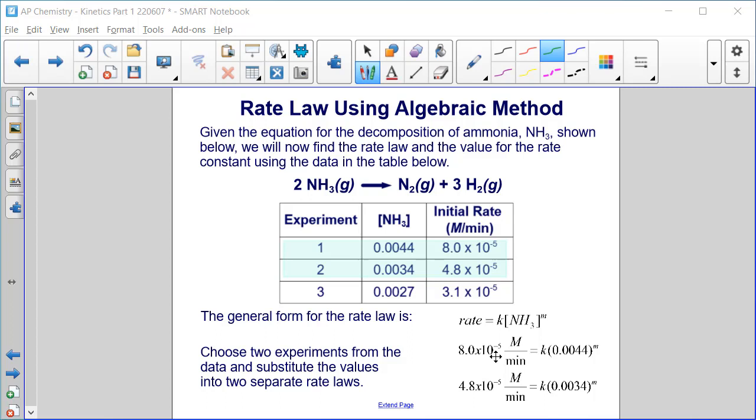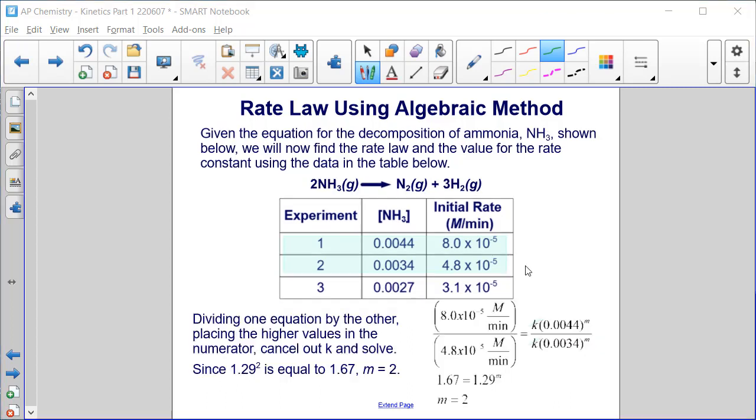So 8.0 times 10 to the minus 5 molarity per minute is equal to K times 0.0044 molarity to the M power. So that's experiment 1. And then I did the same thing. I wrote a second equation for experiment 2. 0.0034 is the concentration. 4.8 times 10 to the minus 5 is the initial rate.